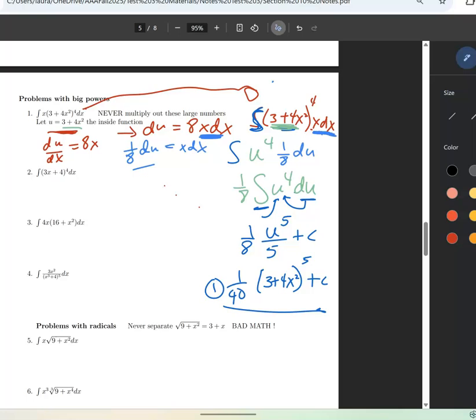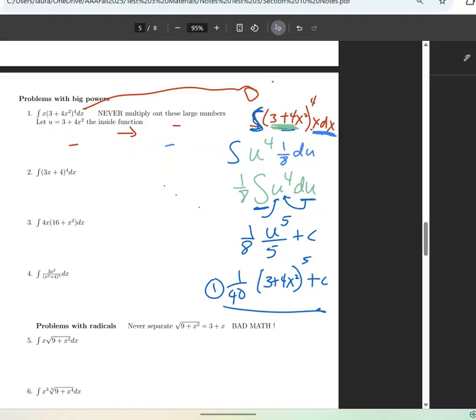Let's look at this next example. So this looks really similar. So let's see what we can do. I'm going to let u equal that inside function, 3x plus 4. Then if I take the derivative, I get 3 dx. So I'm looking at this.